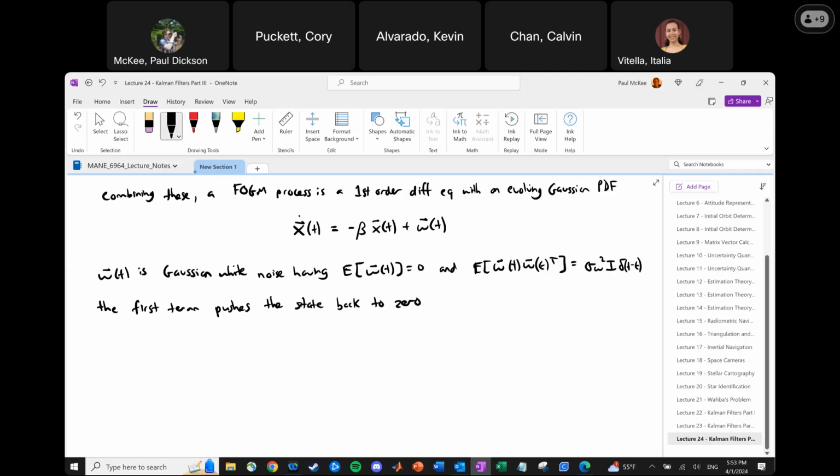And so I want to be clear, for beta equals 0, this is simply a random walk.